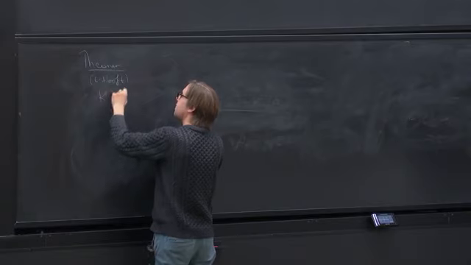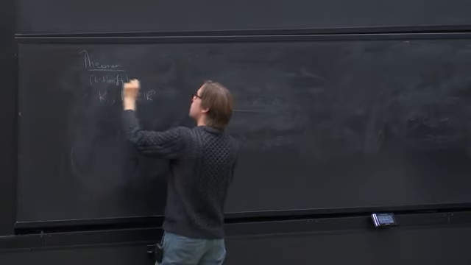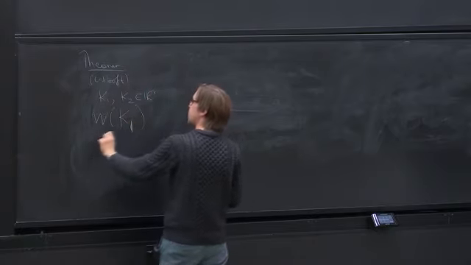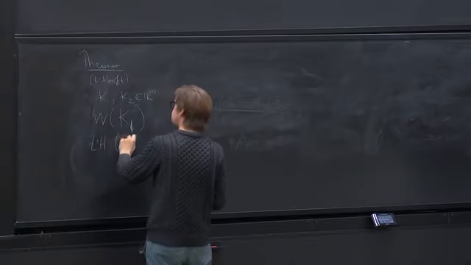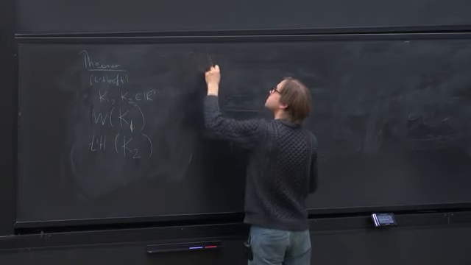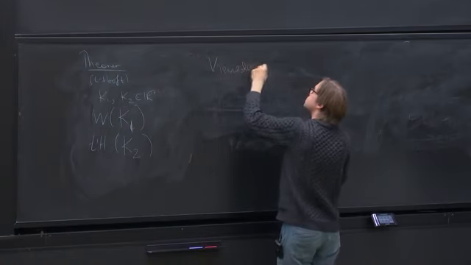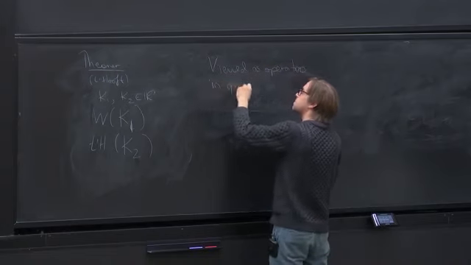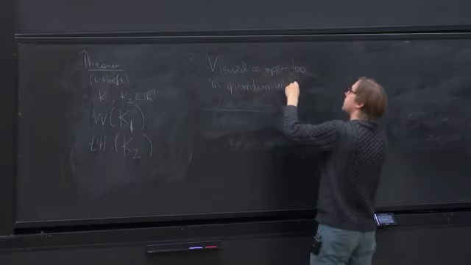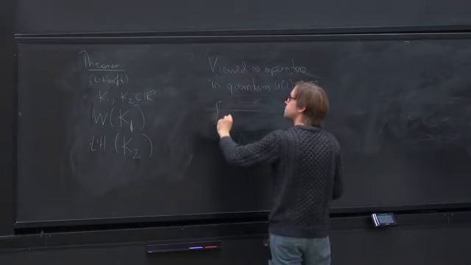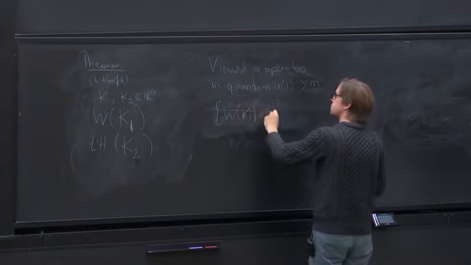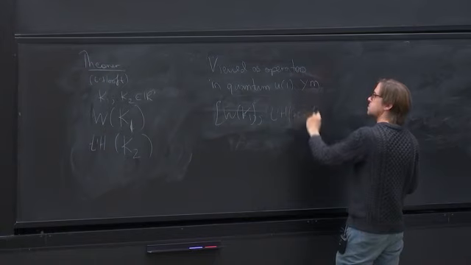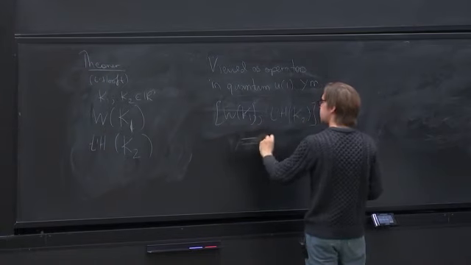If I take K1, K2 inside of R3, and I put a Wilson line on K1, and then a 't Hooft line on K2, when I view them as operators in quantum U(1) Yang-Mills theory, then the commutator is something like the exponential of the linking number.